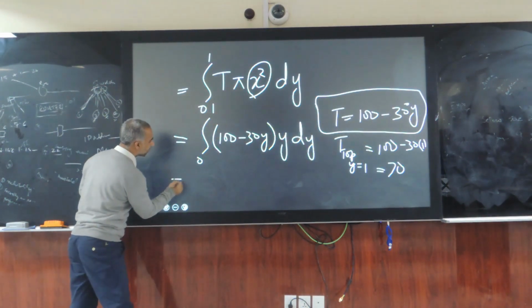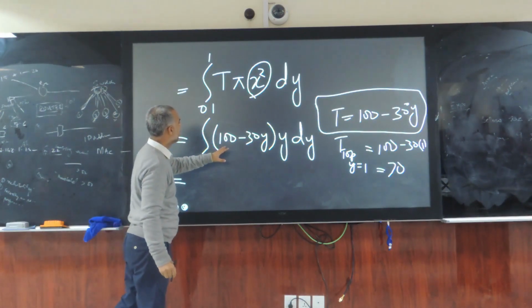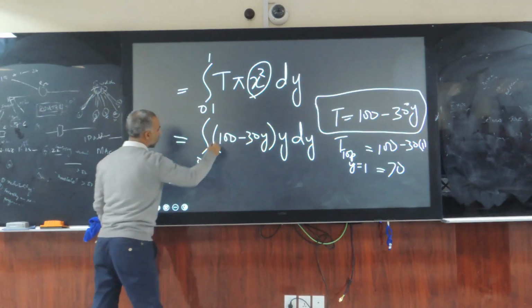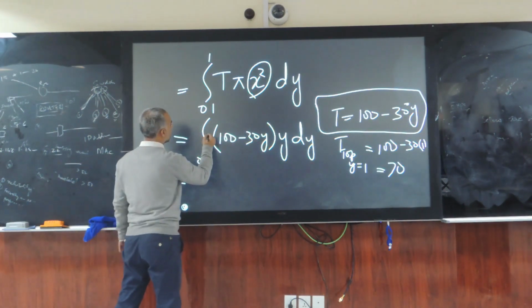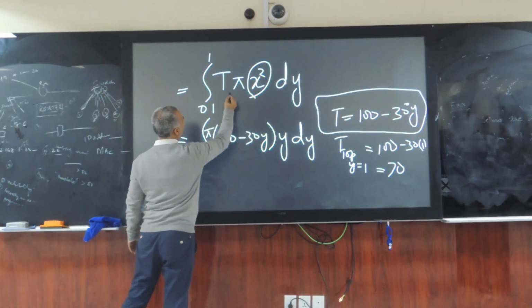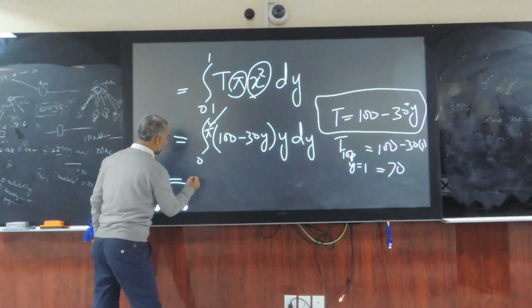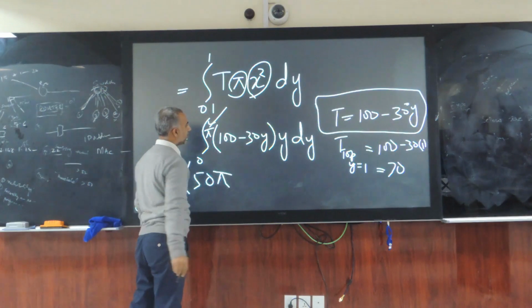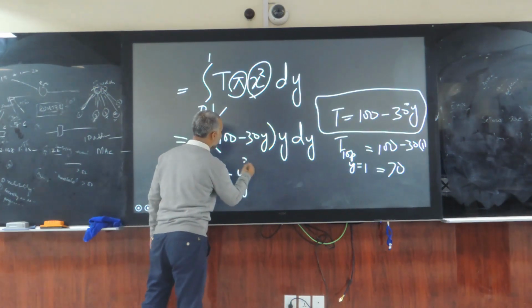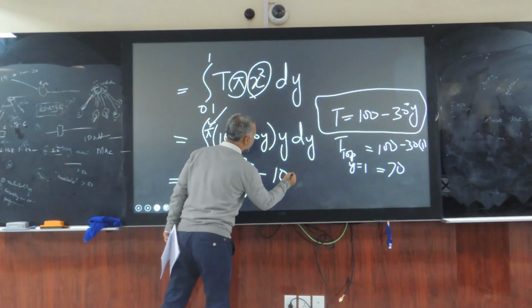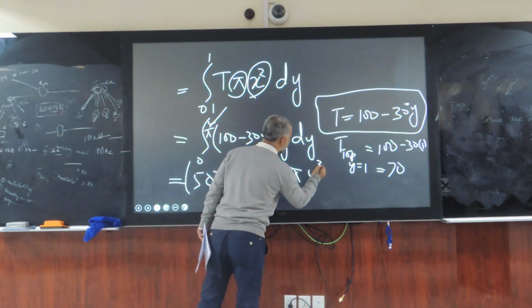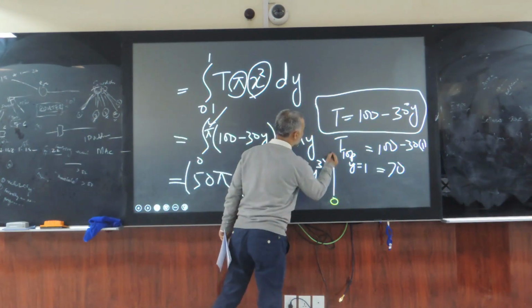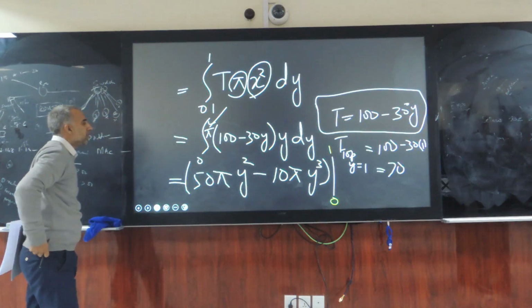On further integration we will get pi times 50 y square minus 10 pi y cube, and the range is 0 to 1, that is the height of the bowl from 0 to 1.